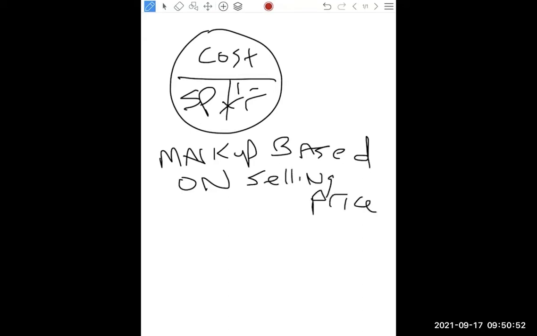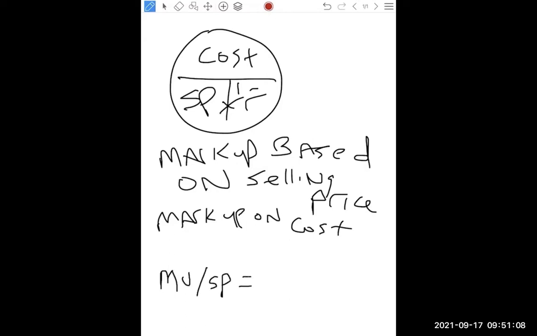And they want to find out what is the markup based on costs. And there's actually a formula. So basically markup based on selling price, this is the formula that you would use for that.